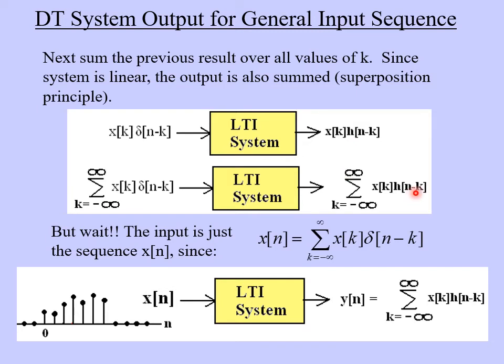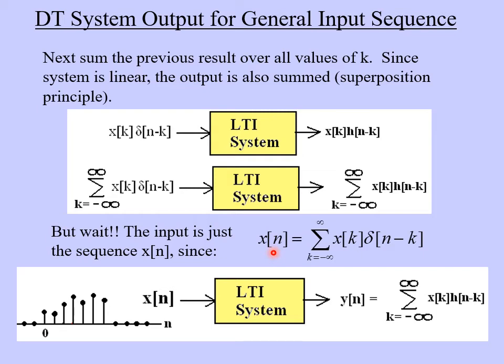So the output is just the sum of all of these outputs for all the different values of k. Now, why did we do this? Obviously, this is getting a little confusing, but why would we want to do all this? Well, look at the left side. This summation on the left side is exactly equal to x of n, the original sequence.